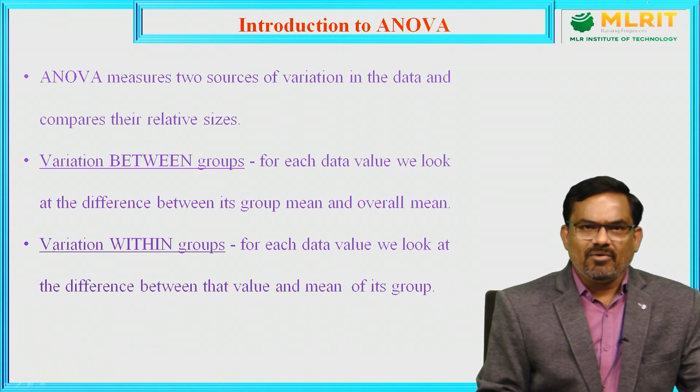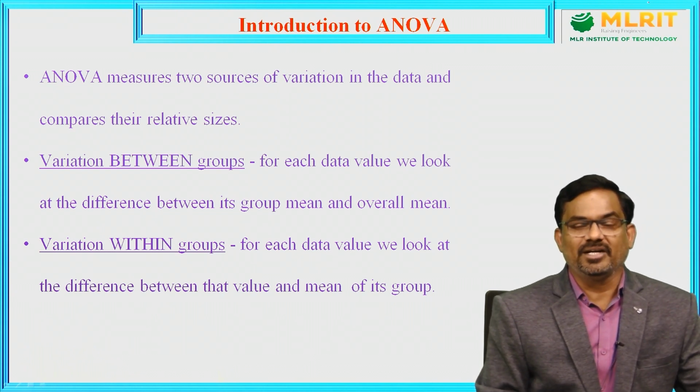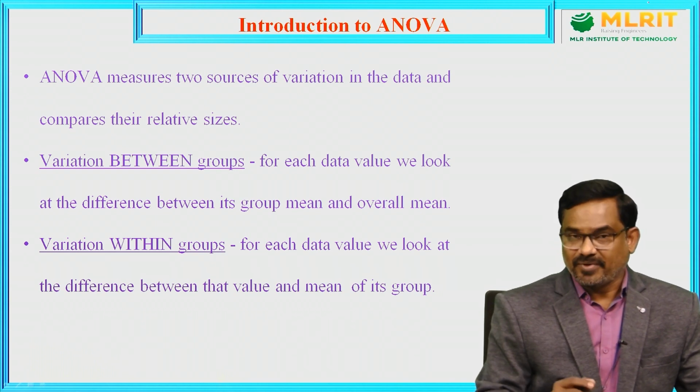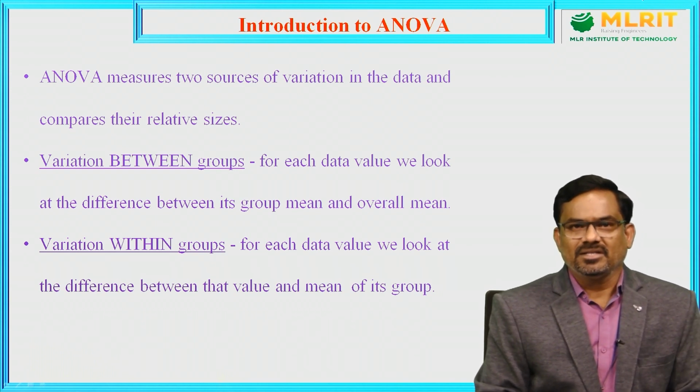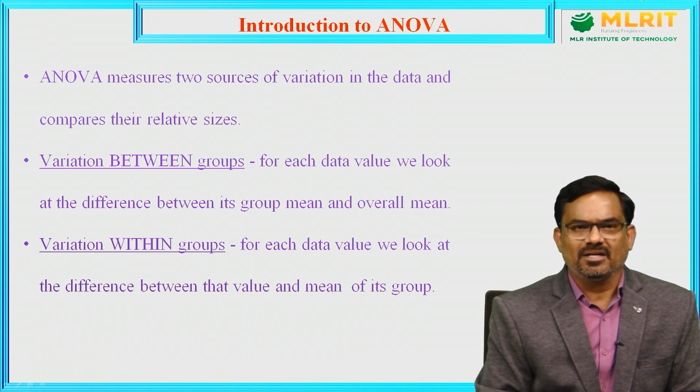ANOVA measures 2 sources of variation in the data and compares their relative sizes. From the given data, it considers the information regarding these 2 sources of variation and then compares their relative sizes. There are 2 things we calculate in ANOVA: variation between groups and variation within groups.